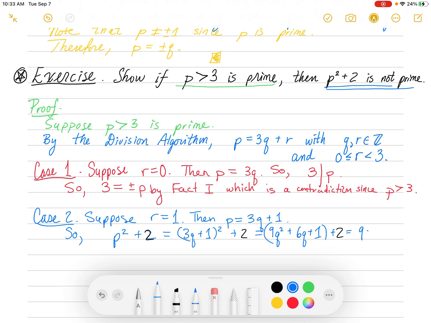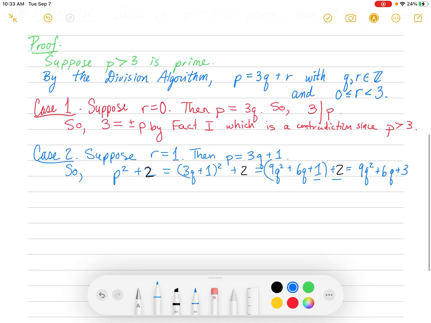This is 9q squared plus 6q plus, so I'm going to add the 1 and the 2 here. I'm going to get 3. And this is equivalent to p squared plus 2 equals, I'm going to factor out a 3, right? I'm going to factor a 3 out of here, here, and here.